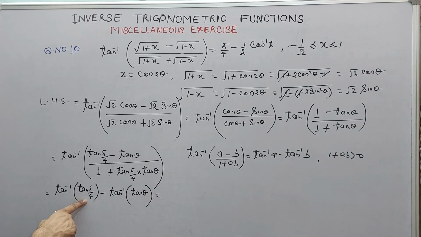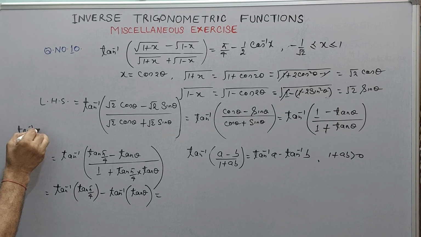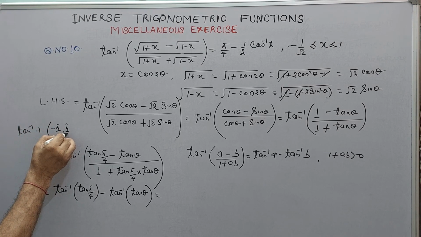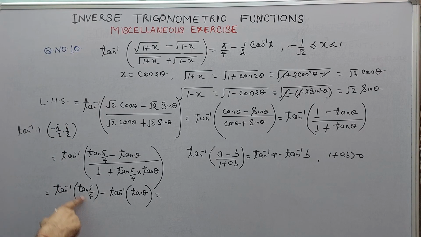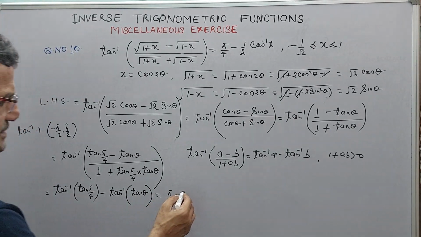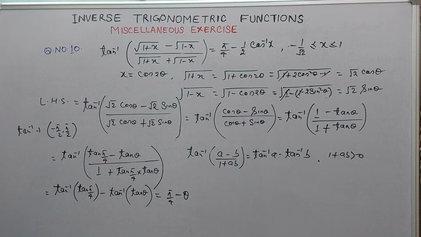Now tan inverse has the principal value branch minus pi by 2 to pi by 2. So pi by 4 is inside of this. So tan inverse of tan pi by 4 will be pi by 4. Tan inverse tan theta will be simply theta. Now we have to find out the value of theta from here.